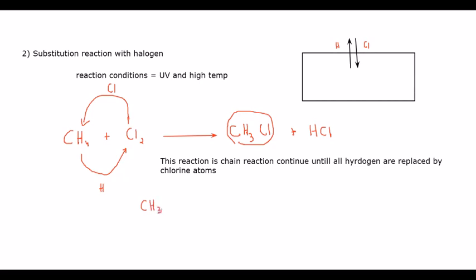So this is CH3Cl plus Cl2. Again, the same reaction will occur: one hydrogen will come out and one chlorine will take its position. So what will be the product? I will have one carbon. How many hydrogen atoms will be there in the product?